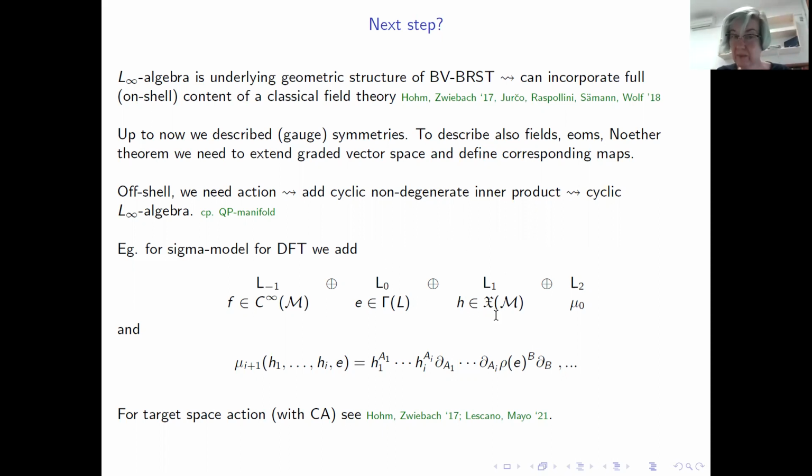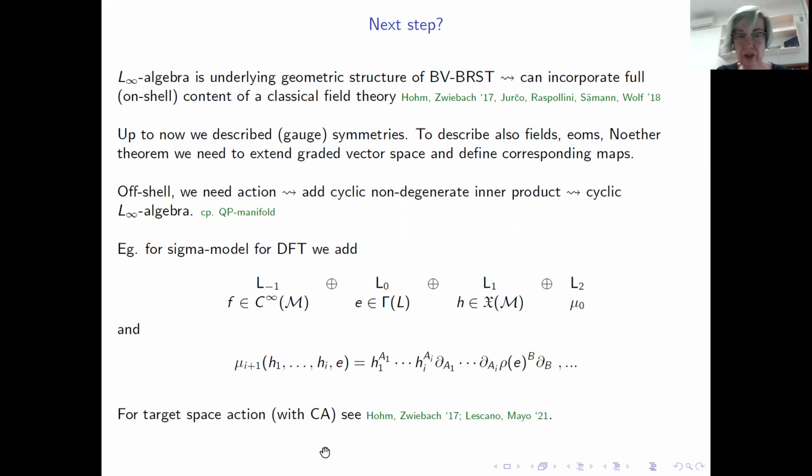So I extend the space. I had to add some additional maps and then try to see how I can use these to construct my field theory. Just a small note: for the target space action of double field theory, there are some results of Olaf and Barton, and also Eric Lescano with Mayo recently.